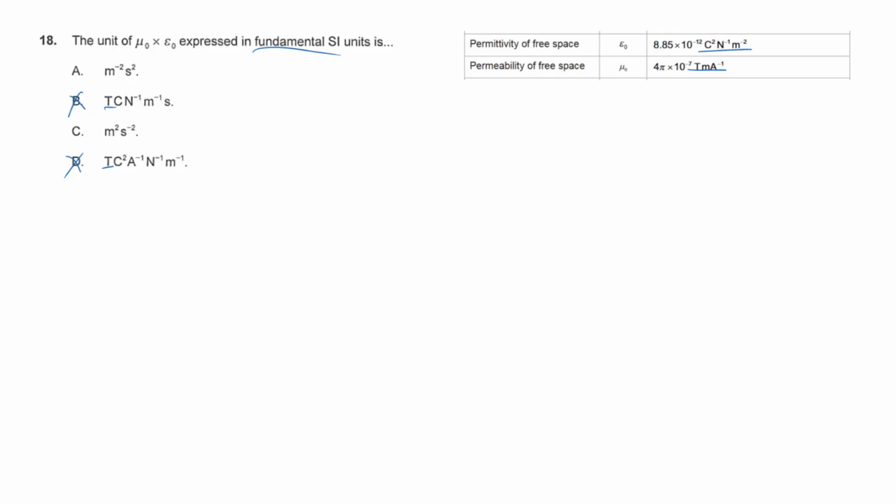And let's look at the permittivity first, right, for epsilon naught. Well, what is a formula that we can use here? We can use the electric force between two charged particles, right? Because that is equal to 1 divided by, and this is in the data booklet, 4 pi times epsilon naught, and then that times Q1 times Q2 divided by r squared.